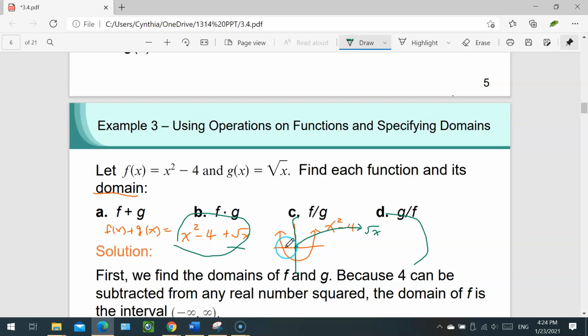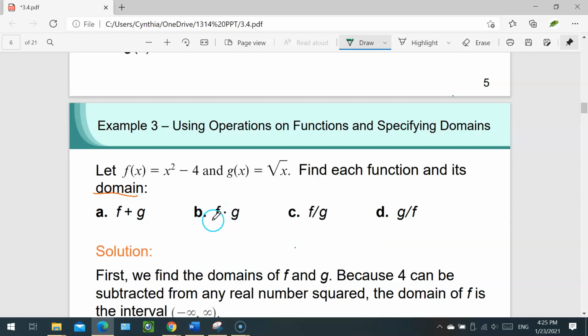If you look at negative 1, the square root x doesn't cover negative 1. The square root x starts from 0, 0. So we have to represent the domain of the new composed function as starting from 0, and 0 is a bracket, right? So the domain of part A would be bracket 0, go to infinity.